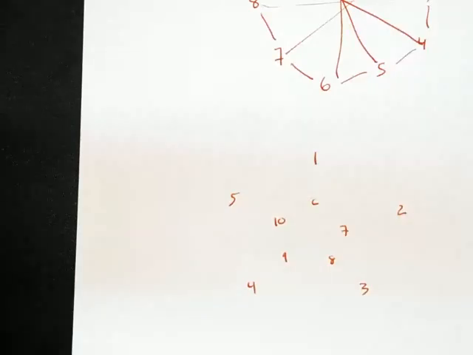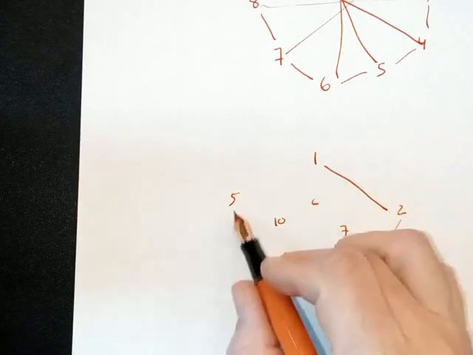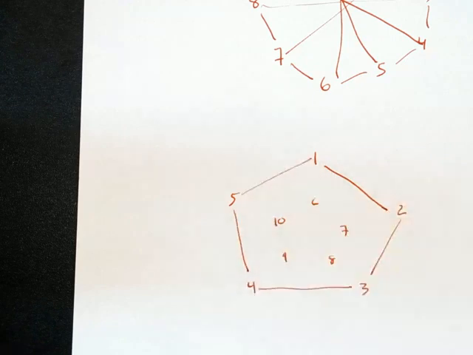Cycle on the outside, 1, 5. Side, right? And then you could connect the inside to the outside.